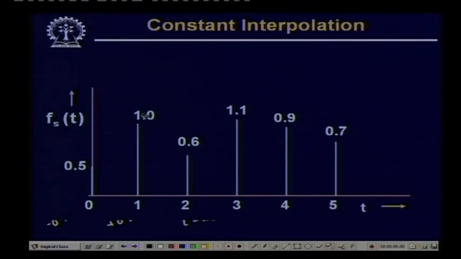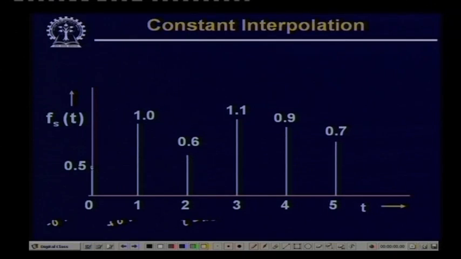After interpolation, using this constant interpolation function after our modified formulation, the value of the interpolated function will be, say, from t equal to 0 to t equal to 0.5, the value of f t will be equal to f 0. Between 0.5 to 1.5, value of f t will be equal to f 1.